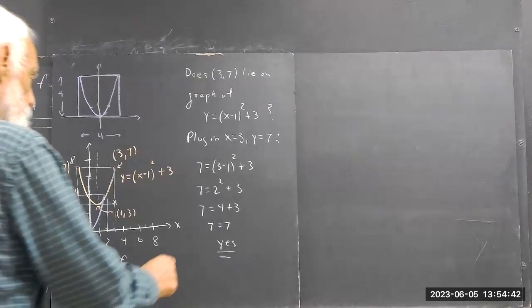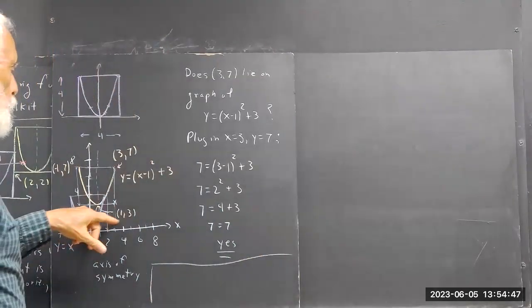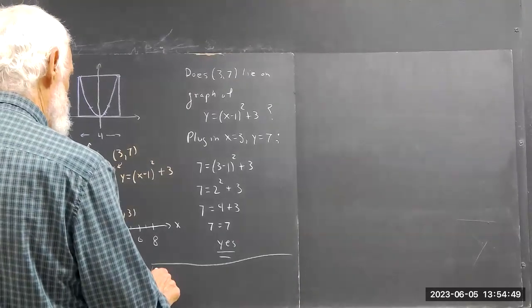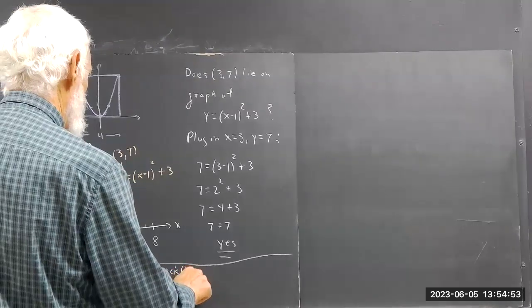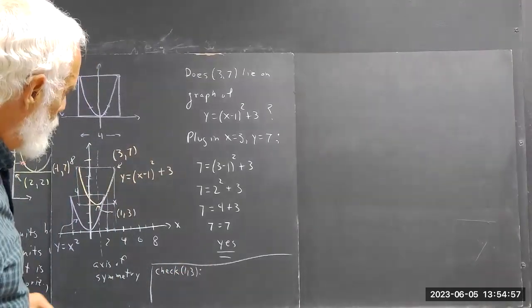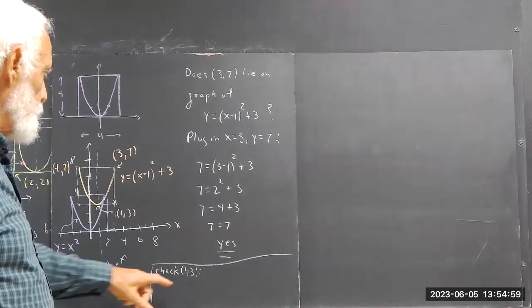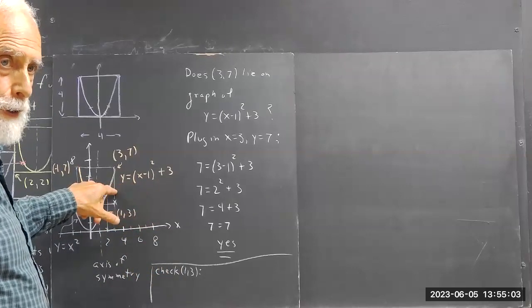Sort of out of board space. We're going to do the 1, 3. What I'm going to do this time is I'm just going to let x equal 1 and plug it in here and see if we get y equals 3.